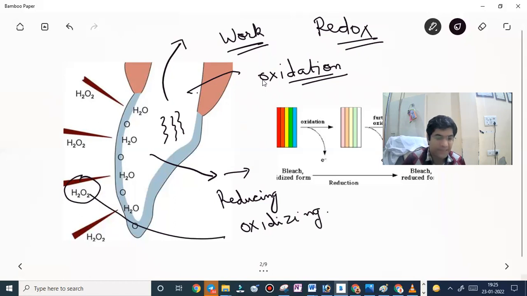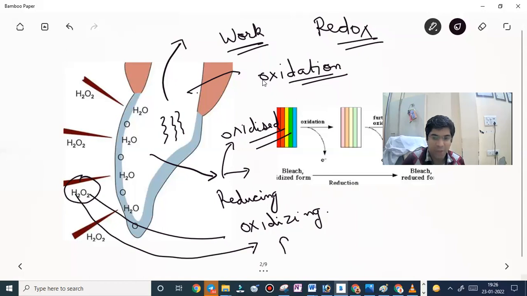But after bleaching, the tooth is oxidized, that is the organic pigment of the tooth is oxidized, and the bleaching material is reduced.